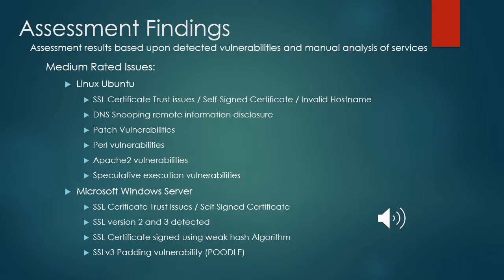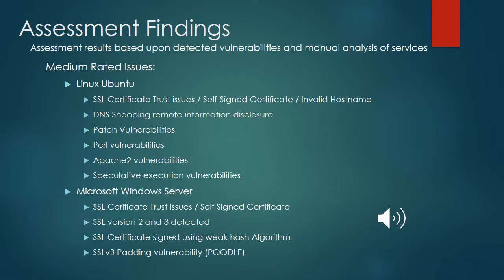Finally, I will go over the issues that had a Common Vulnerability Scoring System rating of medium. First off, the Linux system had several SSL issues which were pretty much resolved if an SSL certificate was purchased and assigned to the services from a reputable certification authority.